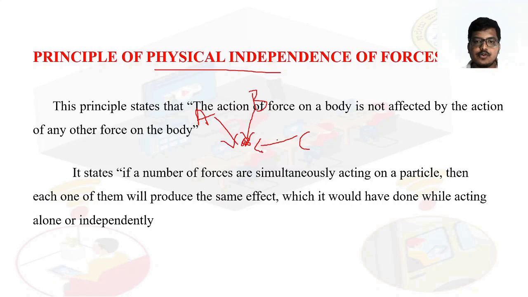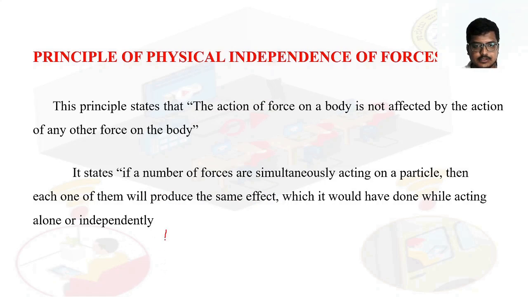Okay, so if all the three forces are acting on this particle, the effect is the same whether the forces are acting together or individually. Means if a square particle is there, and we add forces like A, B, C, wait, I'll clear this.